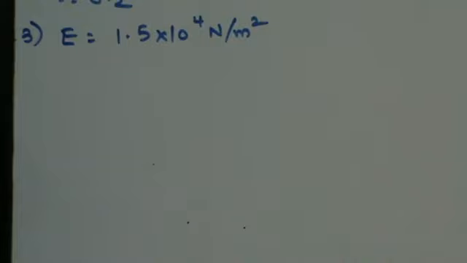Find the minimum radius a copper wire must have if its elastic limit is not to be exceeded under a load of 20 kgs.